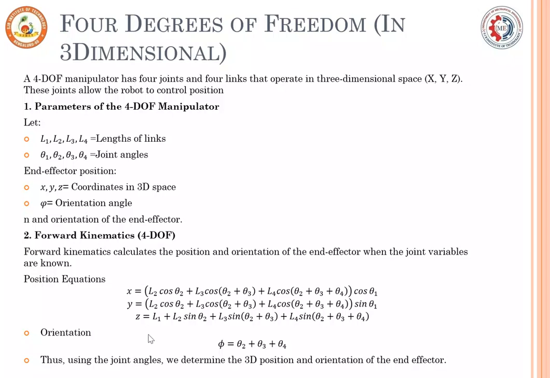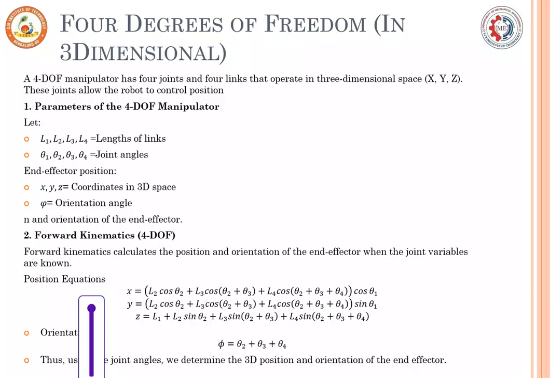So x is equal to L2 cos theta 2 plus L3 cos of theta 2 plus theta 3 plus L4 cos of theta 2 plus theta 3 plus theta 4, all multiplied by cos theta 1. Y is equal to L2 cos theta 2 plus L3 cos of theta 2 plus theta 3 plus L4 cos of theta 2 plus theta 3 plus theta 4, overall multiplied by sin theta 1.